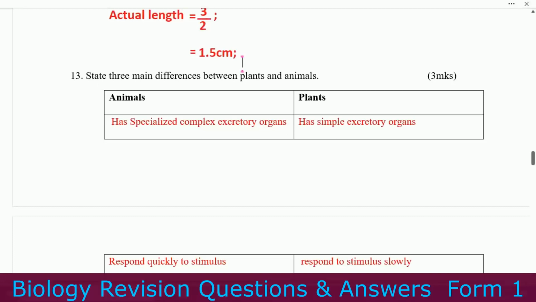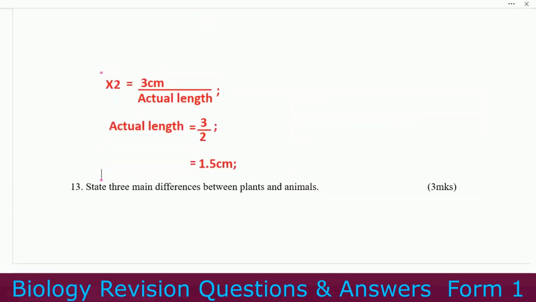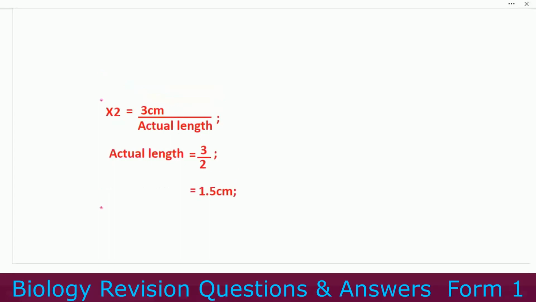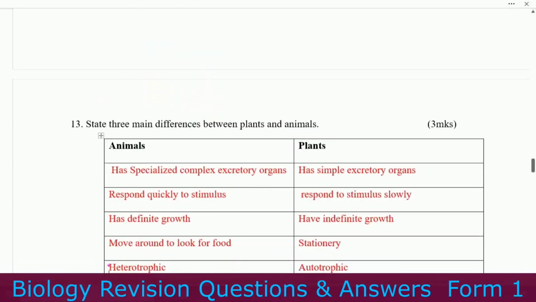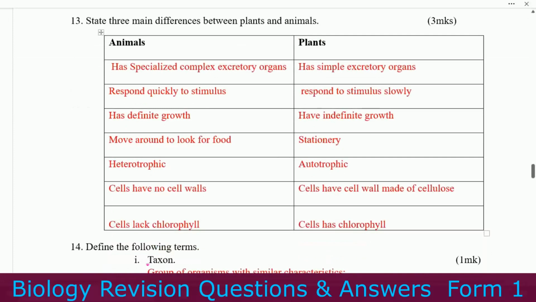And number 13, state 3 main differences between plants and animals.